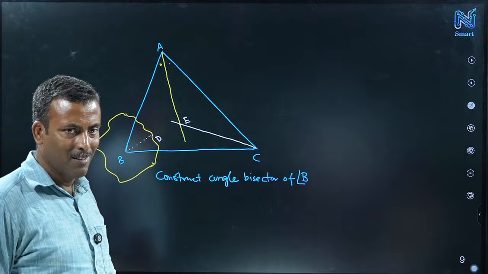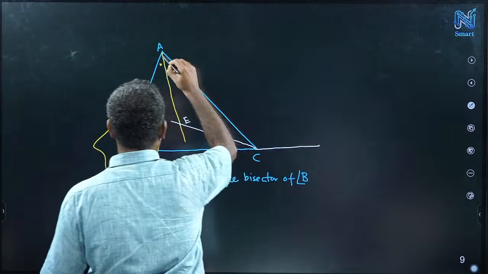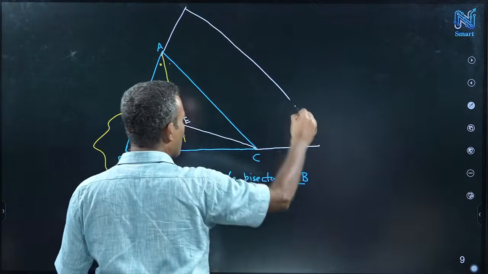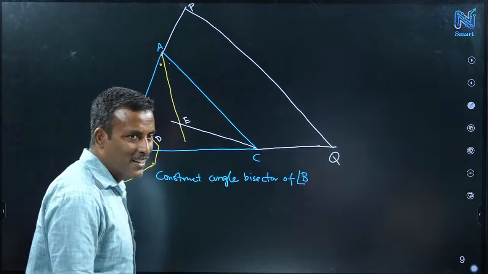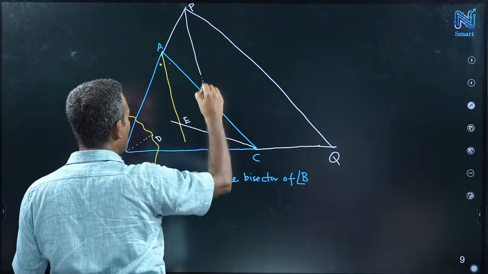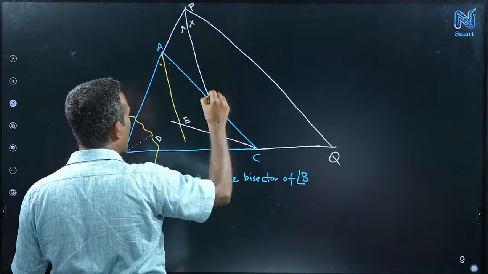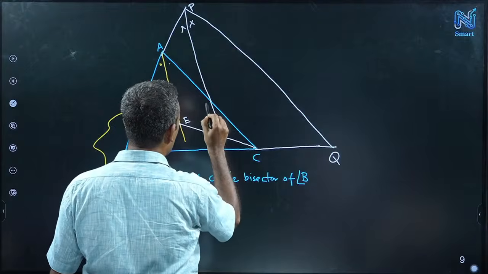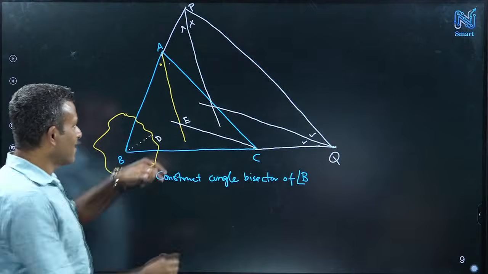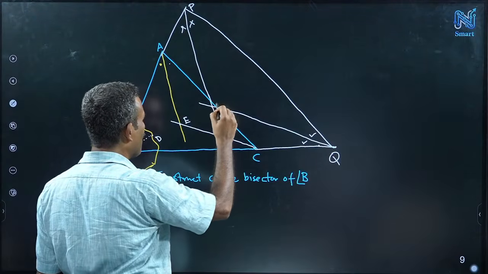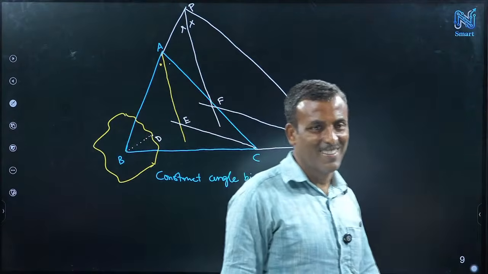So the idea is just extend this and take 2 more points, some P and Q. Do the same thing. Angle bisector of P and angle bisector of Q. And this point is called F or D, whatever, and that point is also on the angle bisector of B. So then join BC.